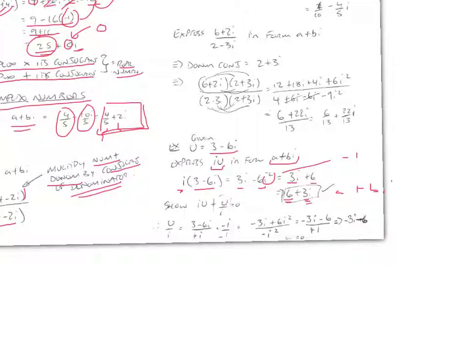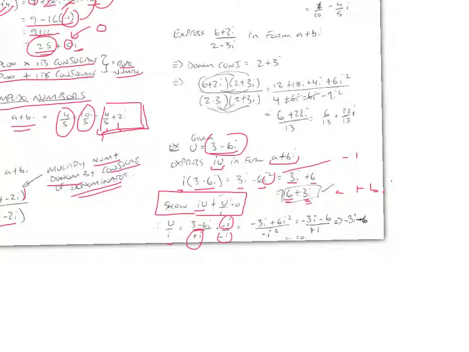Okay, and if that's the case, then show that iu plus u over i is equal to 0. Okay, so this is taken from the book. I think this is 7.3 or 7.4 somewhere. So u over i is 3 minus 6i over i. So to work that out, we need to multiply top and bottom by the conjugate of this. That's minus i and minus i.